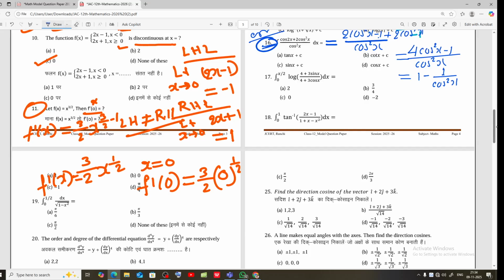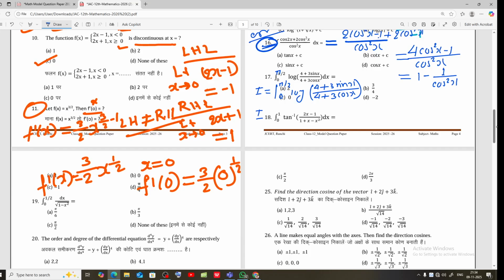This is not x, this is on pi by 2. Right? Let I equal the integral from 0 to pi by 2 of log of 4 plus 3 sin x divided by 4 plus 3 cos x.